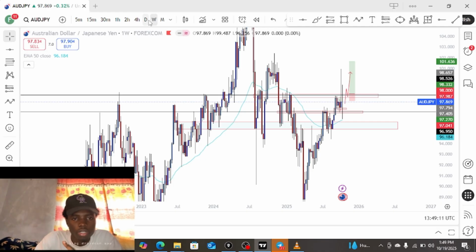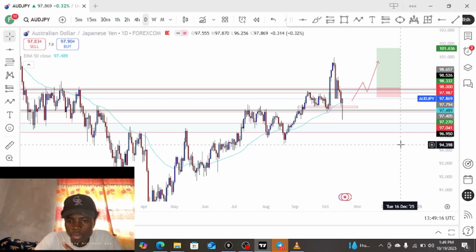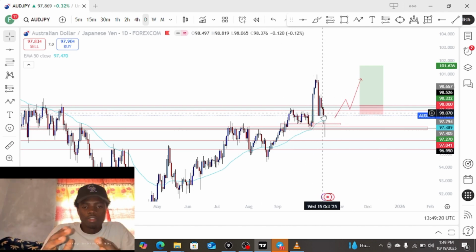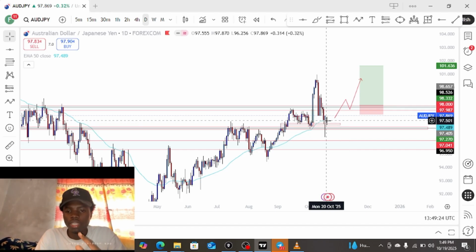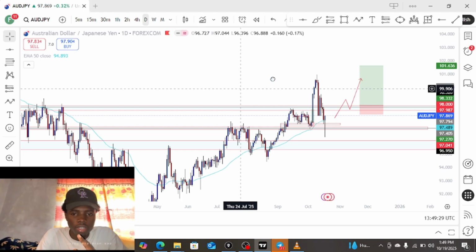Check this. Let's go to the day. This shows that we need the break and retest on this daily AOI.